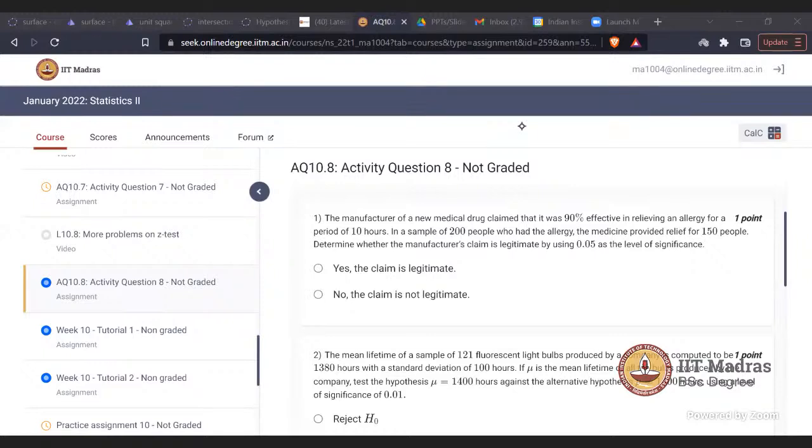If it's below 90, then it's not effective, basically. If it's above 90, then it is more than effective, so we should not consider that situation. This approach is correct: we consider the sample, and based on the sample for this problem, suggest the alternate hypothesis. What you said is right.